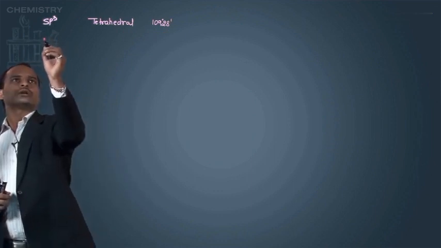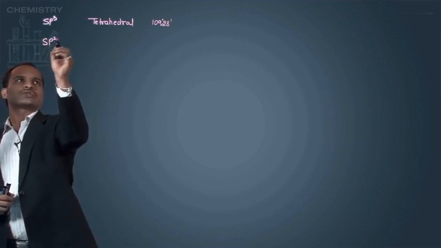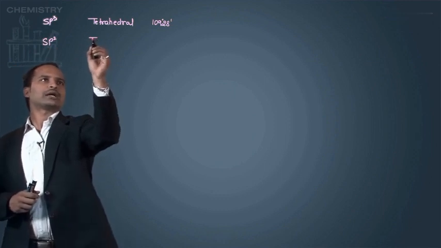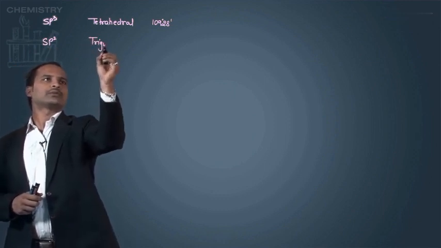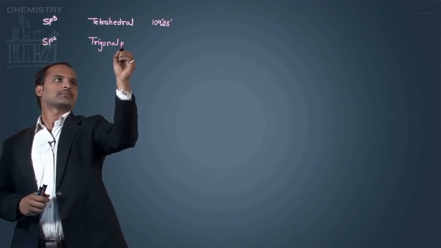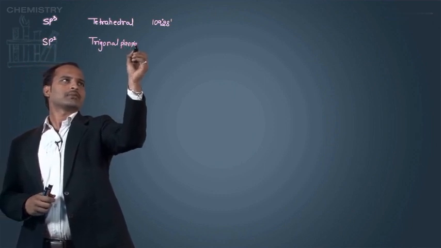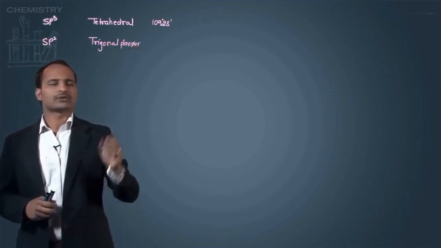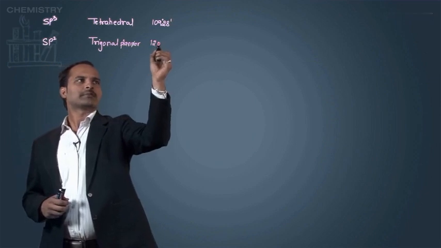Then if any molecule undergoes sp2 hybridization, it is going to have a trigonal planar geometry and the bond angle is going to be 120 degrees.